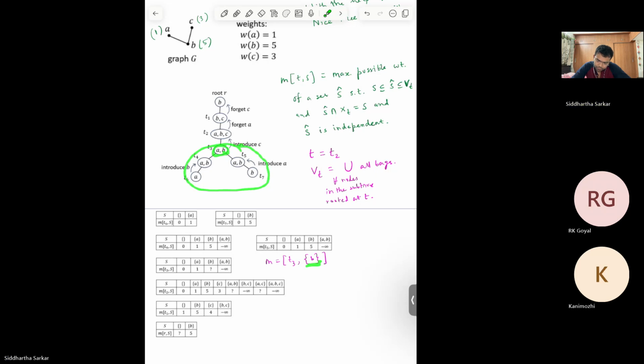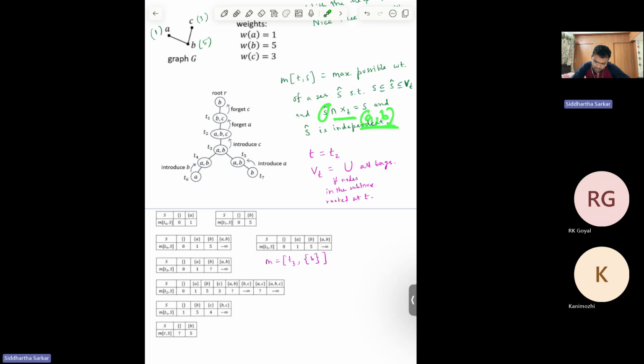And S cap intersection XT, AB is the bag of t3, is S. So first, let's only worry about these two things. You want to find an S cap such that S cap intersection XT, so XT is AB here, is S. Okay, so can I take both A and B?